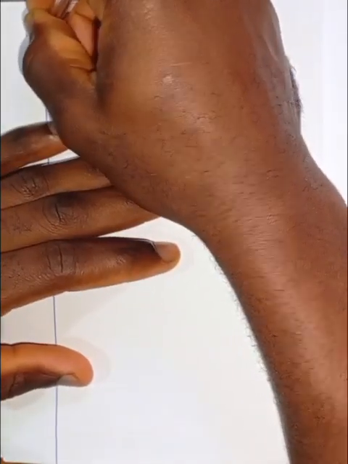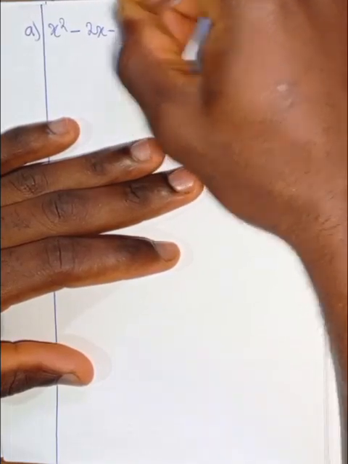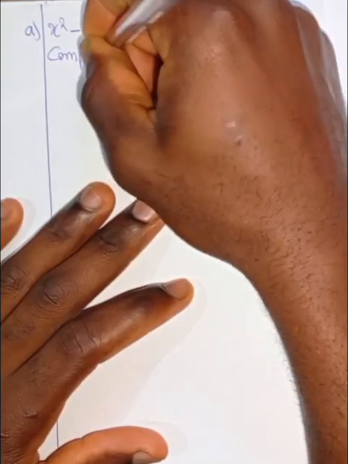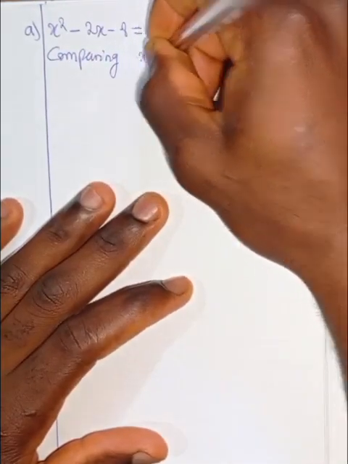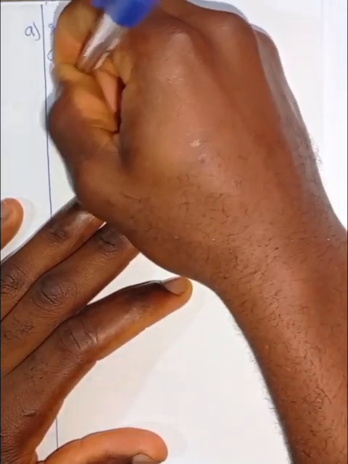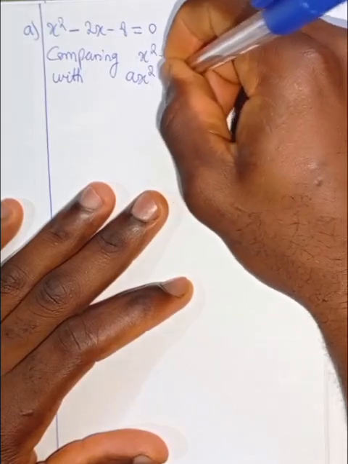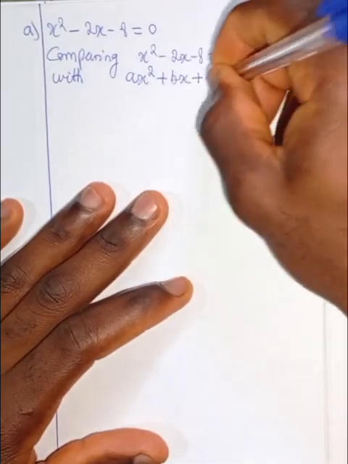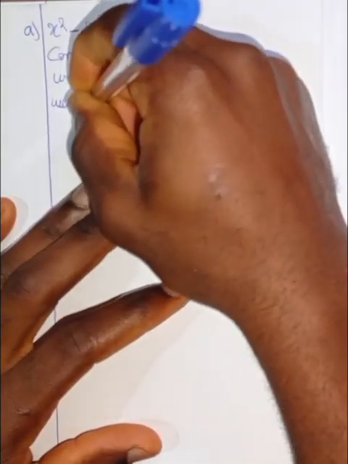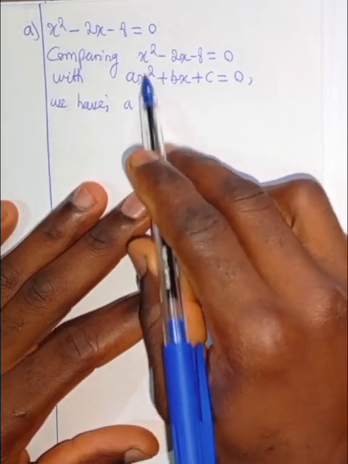For question A, we have x squared minus 2x minus 8 is equal to 0. Comparing x squared minus 2x minus 8 equal to 0 with the general form of the quadratic equation ax squared plus bx plus c is equal to 0, we have our a to be equal to, you see, x squared.